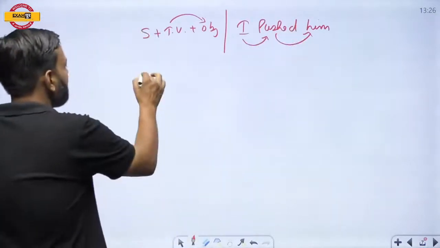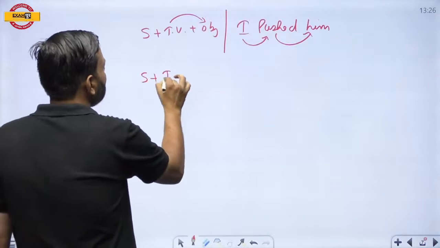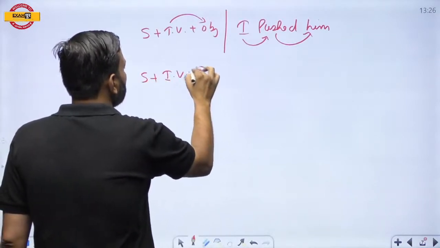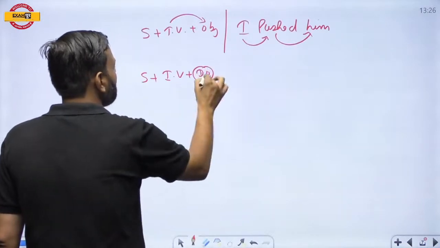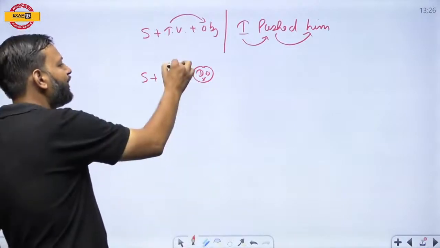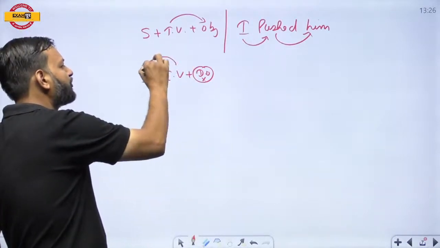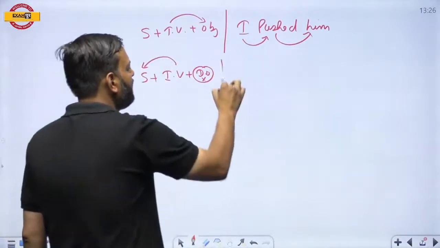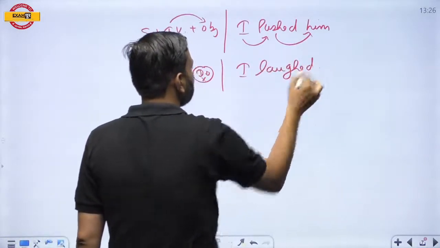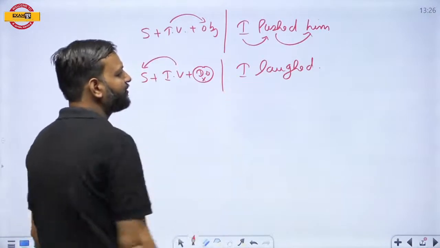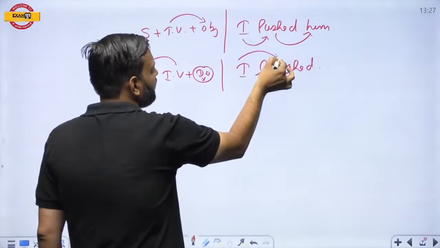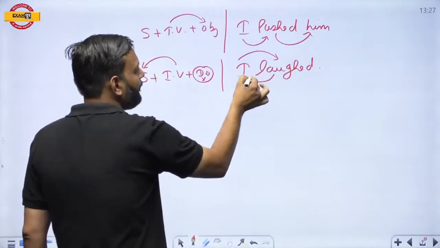But an intransitive verb does not have a direct object. That's why an intransitive verb refers to the subject itself. For example, if I said, I laughed. In this sentence, the subject is I. So I took this action, but this action is for myself.